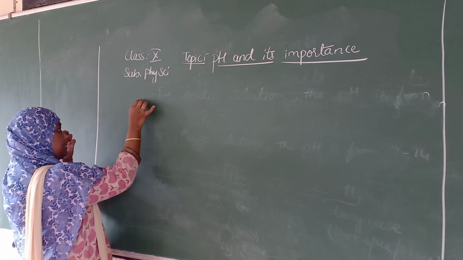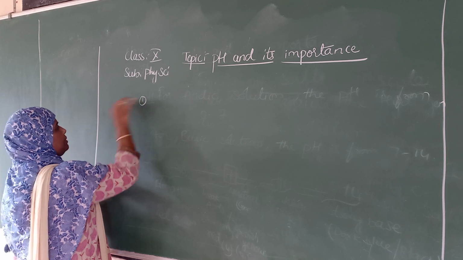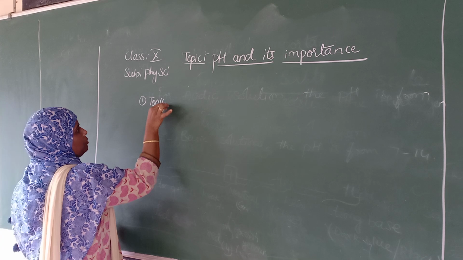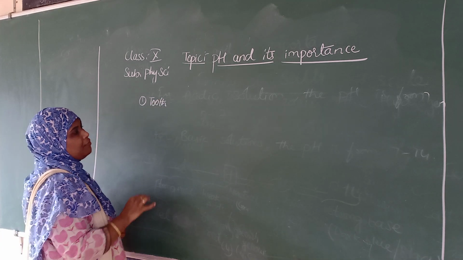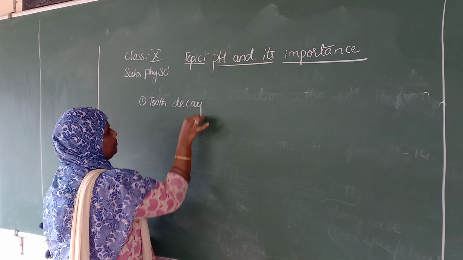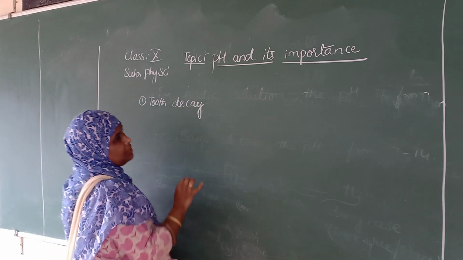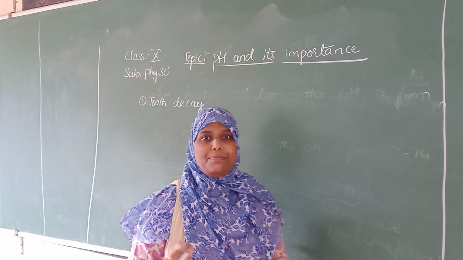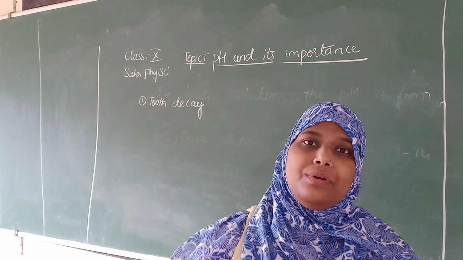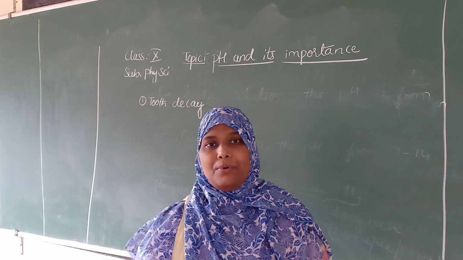pH is important because if the pH of the mouth falls below 5.5, it results in tooth decay. Tooth decay occurs whenever the pH of the mouth falls below 5.5. What are teeth made up of?